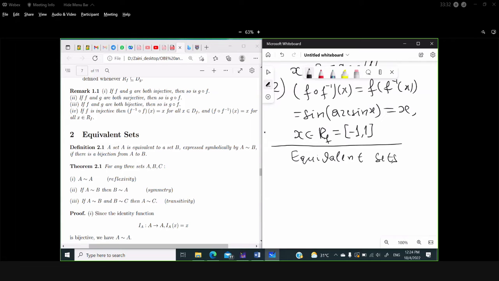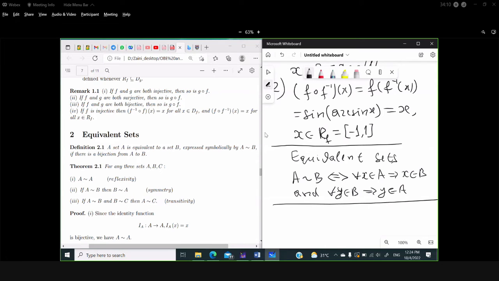In the calculus, two sets are equivalent if and only if every element of A is an element of B, and every element of B is an element of A. So this is the definition in the calculus.